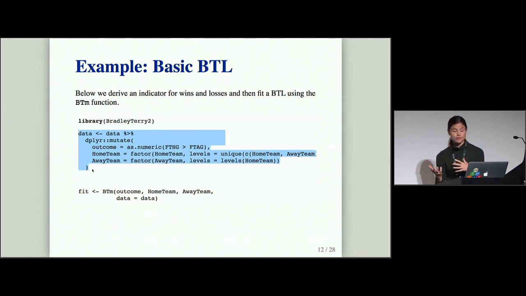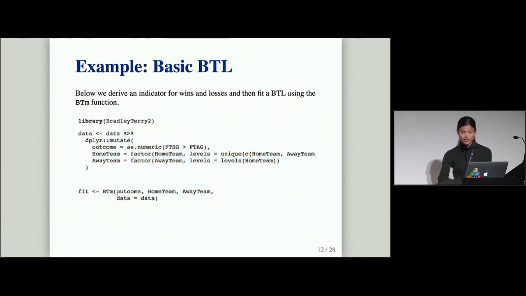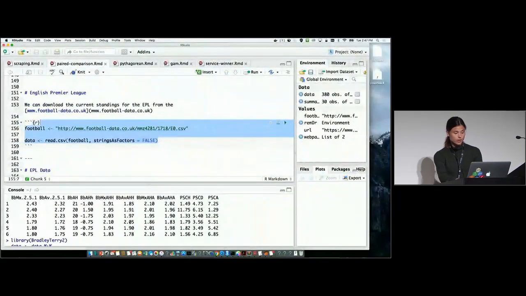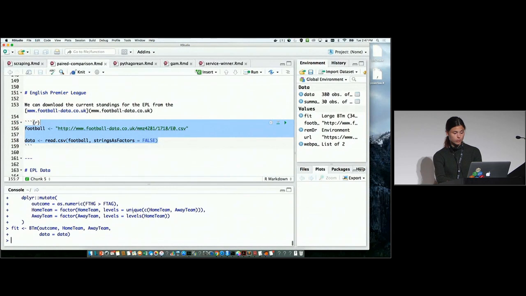These are all just variable transformations, so we can do that with the mutate statement. Then I can easily fit the first Bradley-Terry model by specifying those 3 variables and the data set where those variables come from. So I'll go ahead and run that example.